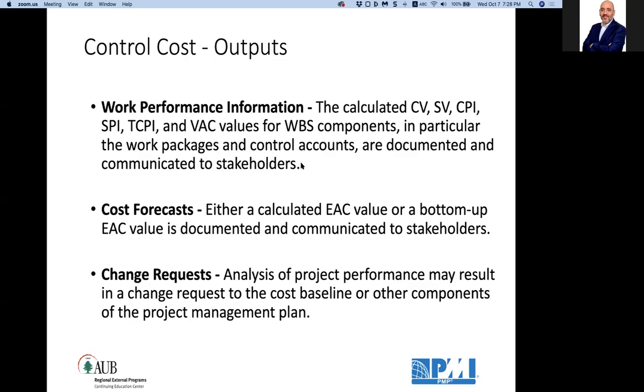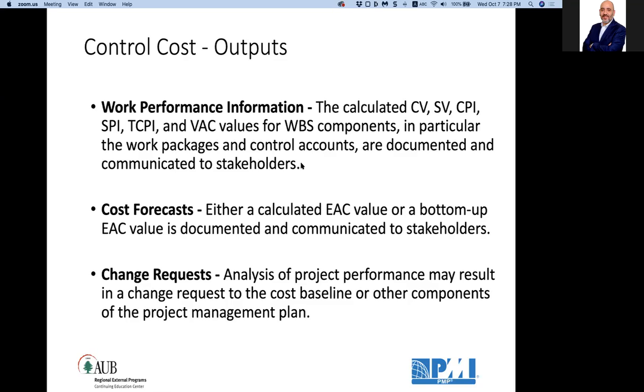These are documented and communicated to stakeholders. I also get cost forecasts, either the calculated estimate at completion value or a new bottom-up estimate at completion, where I estimate the estimate to complete bottom-up and add it to the actual cost. That is documented and also communicated to the stakeholders.